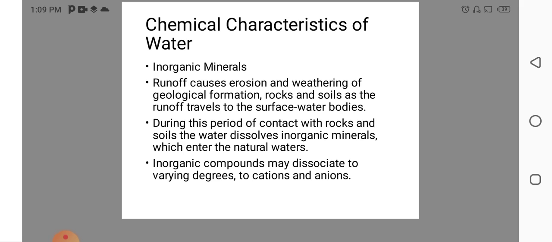During the period of contact with rocks and soils, the water dissolves inorganic minerals which enter the natural water. Inorganic compounds may dissociate to varying degrees into cations and anions.